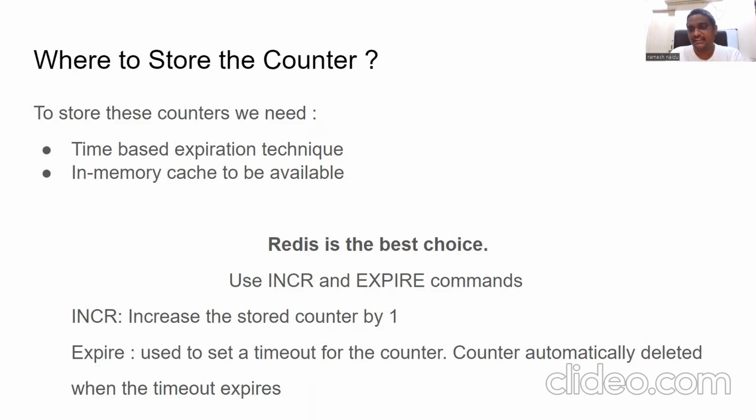Wherever I have these two, it's a better place to store the counters, and naturally Redis is my best choice because we have the INCR command, where the increment can be done automatically, just +1 without much computation. The EXPIRE command I can use to set the timeout for the counter. The counter automatically gets deleted once the timeout expires. So these are the use cases where I feel Redis is the best choice to store the counter.